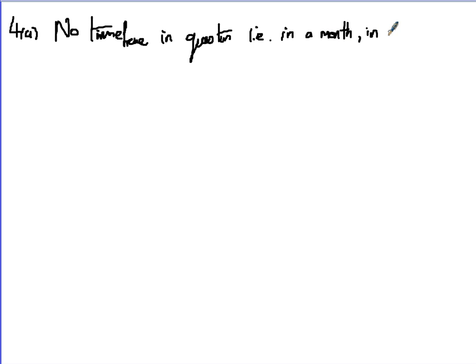So no time frame in the question, i.e. in a month, in a week, etc. So that's the first one, because you don't know how long you spend using the internet if you've not got a definition of the time you're taking it between. And the second one, there's overlapping boxes.